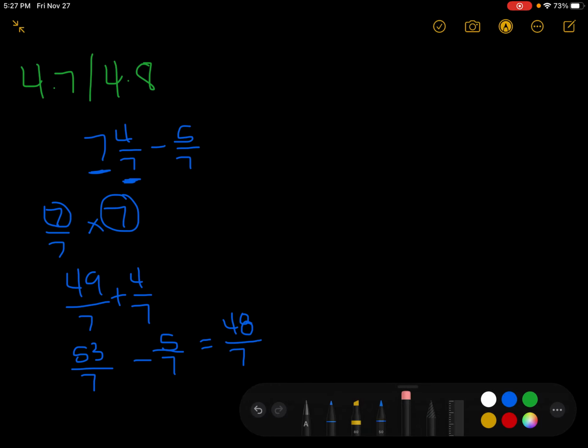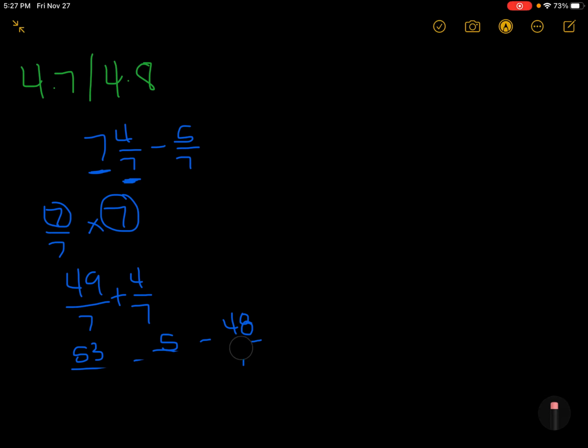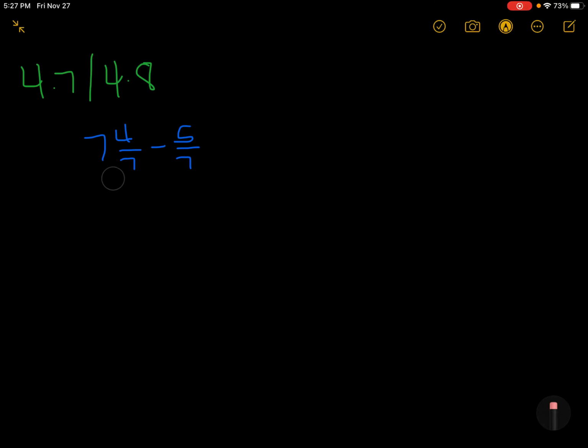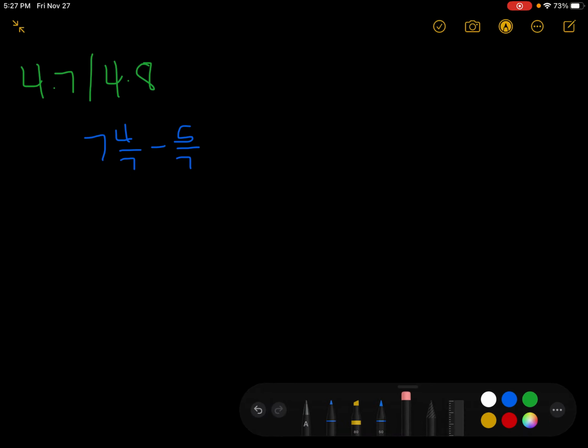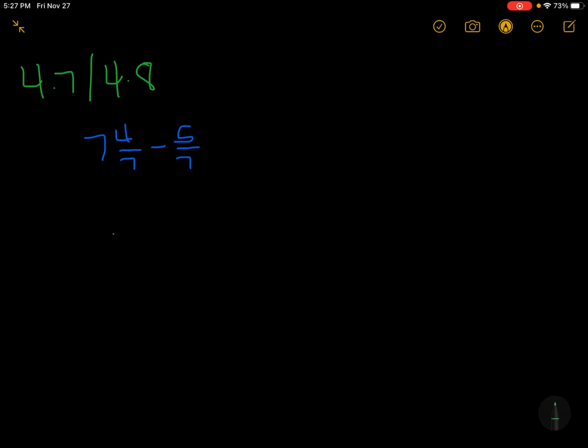So for instance, instead of changing this mixed number into an improper fraction, I could have gone ahead and simply created a number bond here for my mixed number, and I could start typically with my whole numbers I would subtract, but I don't have a whole number to subtract in my second part of the problem.